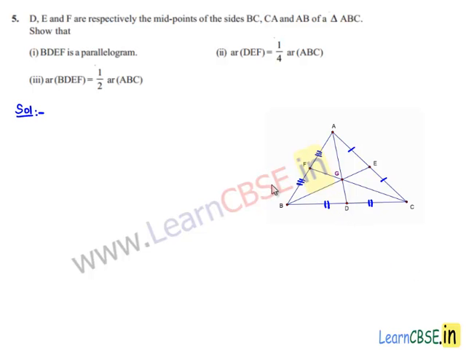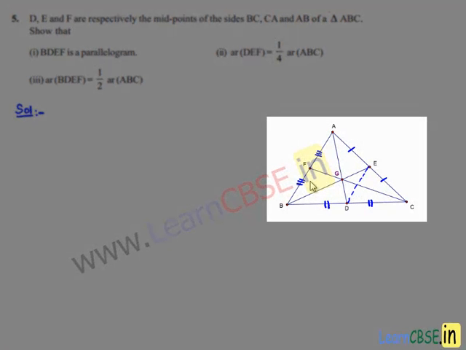Now initially we are required to prove that BDEF is a parallelogram, that the area of triangle DEF is equal to 1/4 of the area of triangle ABC, and that the area of BDEF is equal to half times the area of ABC. Let us join DE and also EF.